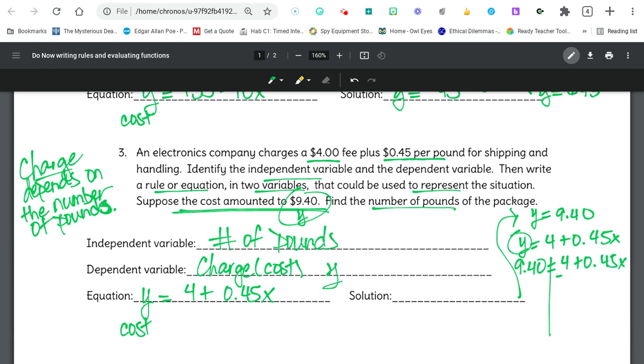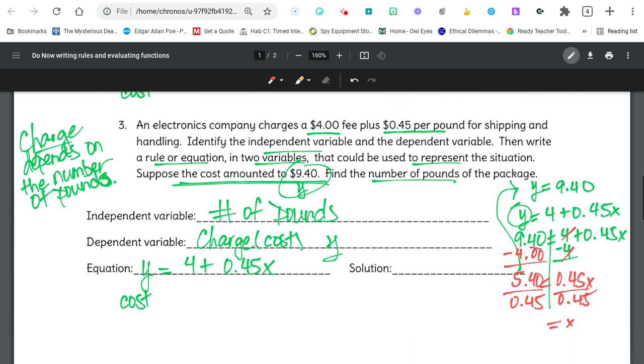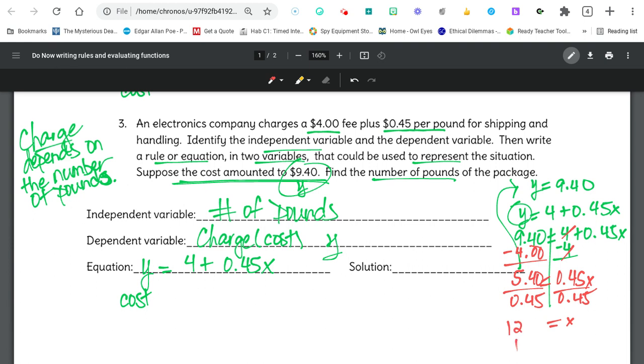I'm going to subtract 4 from both sides. And then I'm going to divide by 45 cents. In other words, how many 45 cents can I get out of $5.40? Well, let's see. 12 of them. So exactly, that package weighed 12 pounds.